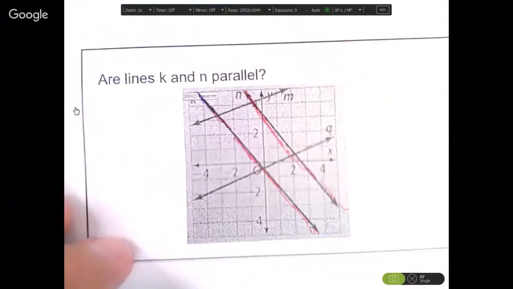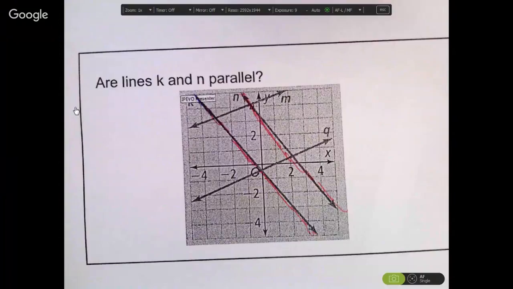They added in lines M and Q, and I don't know how many times I have worked with people on problems, and I say, let's rewrite this problem without the extra lines, okay? Sometimes when I look at these problems, can you look at K and N and imagine that M and Q are not there?